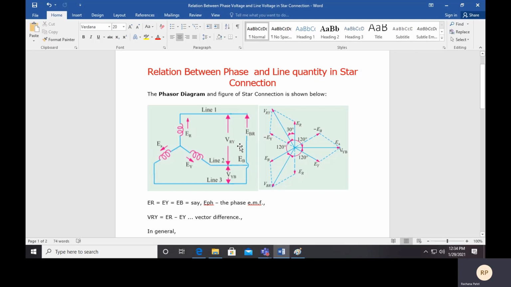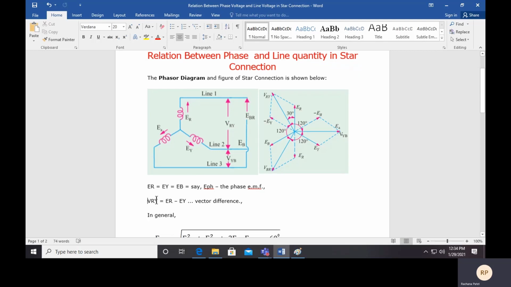It means it is very easy to say VRY will be equal to the vector difference of these two quantities. So ER minus EY will give the value of VRY, and of course they are a vector difference, not a simple mathematical difference. So we have analyzed the first thing: VRY equals ER minus EY, which is the vector difference.